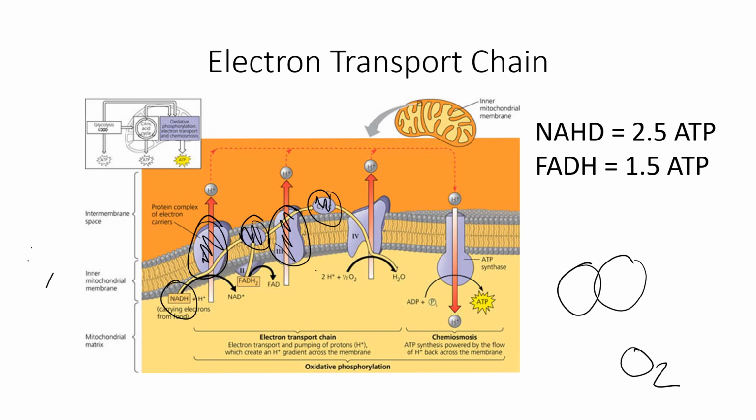So without oxygen, you don't make ATP aerobically, and your cells die because you need that oxygen, which has the highest reduction potential, to remove those electrons from complex 4. If you don't remove those electrons from complex 4, the whole system backs up, you don't produce any more ATP, and the cell dies. So that's why oxygen is so fundamental to human life. It's because we need it for the production of ATP within our cells, because of its reduction potential.